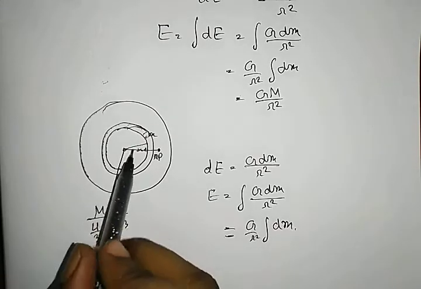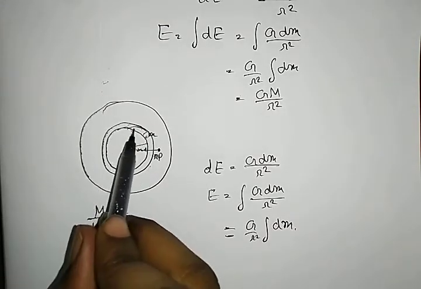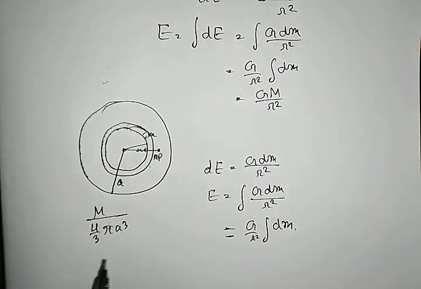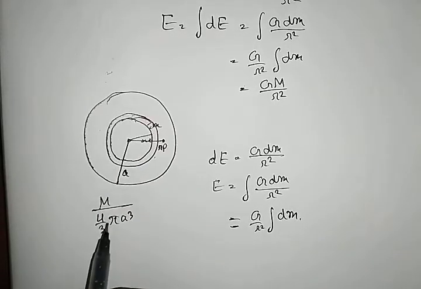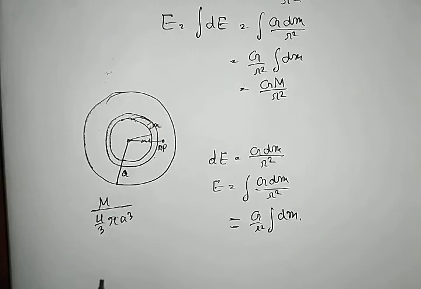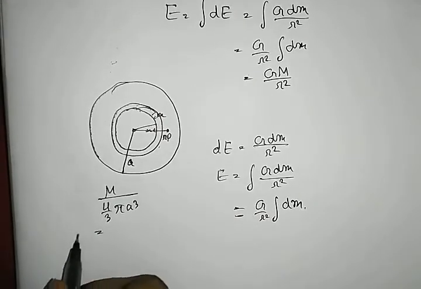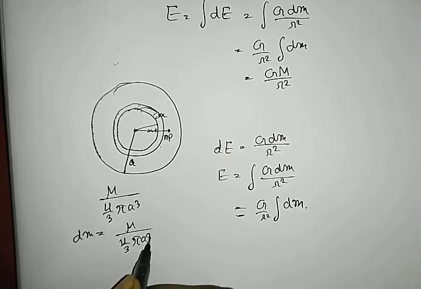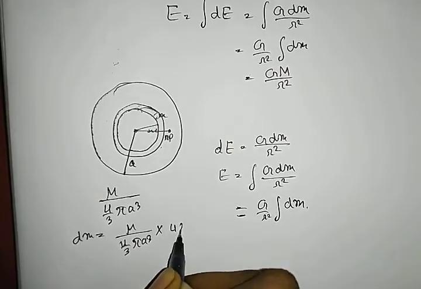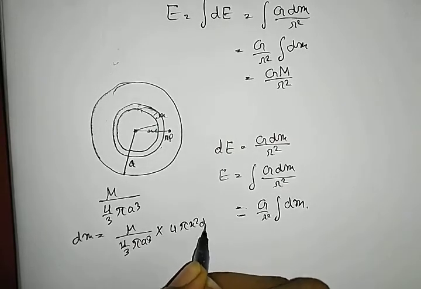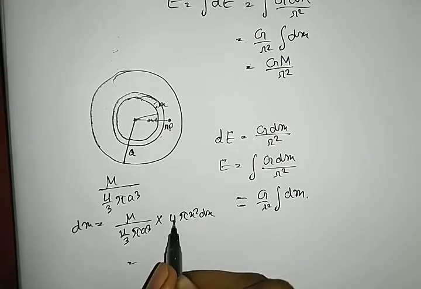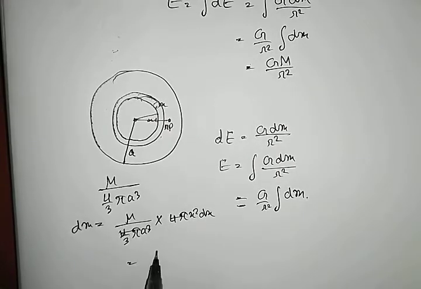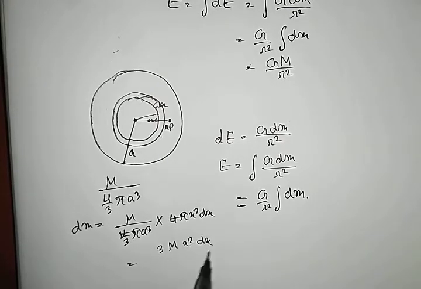And here you see we have considered this elemental volume, and to consider the elemental mass we'll need to multiply that elemental volume by density, and that is done by dm equal to m by 4 by 3 pi a cubed times 4 pi x squared dx. So this 4 pi will be cancelled out, and it will be 3m x squared dx by a cubed.